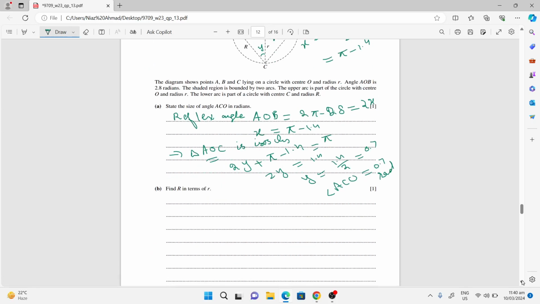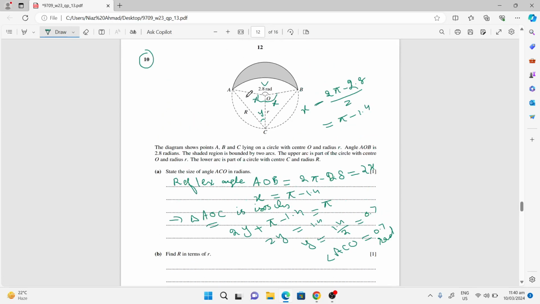Now tell me, find the capital R in terms of small r. Moving back to the diagram, this is capital R, this is small r, this is x. How do we find this r? We can actually use the trigonometric concepts.